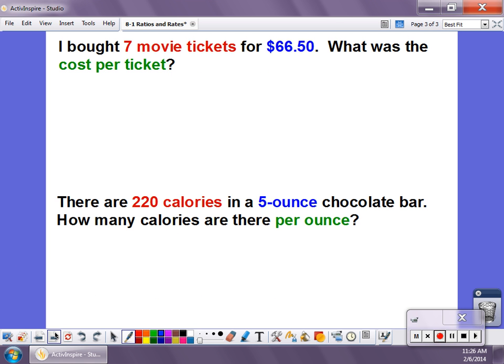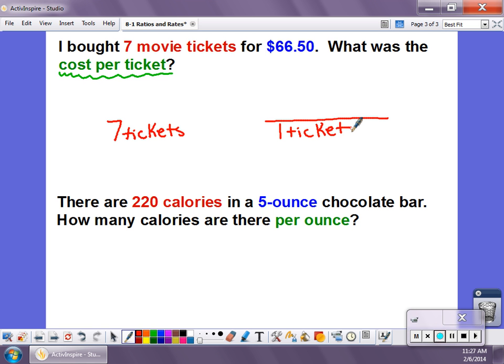Now when it comes to rates, you have to pay attention to what goes in your denominator, because your denominator is what's going to be made into a unit, like a single per-unit thing. A lot of times your question will tell you, I bought 7 movie tickets for $66.50. What is the cost per ticket? I'm starting with 7 tickets, but my final answer is cost per ticket, which means I want to know how much it was for 1 ticket.